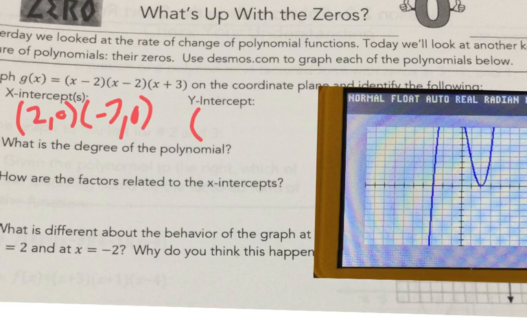Here's another way you can find that. Like if it's a really high number and it's hard to count. Is everybody ready? Click second, trace, to pull up calculate, and let's click value. So I want to know what's the y value when x is 0. So you see how it says x equals blinking?